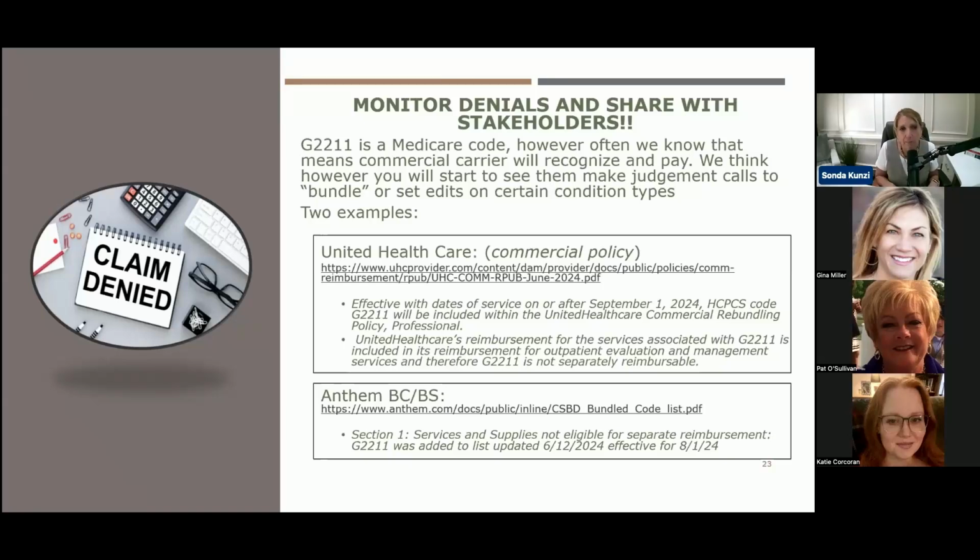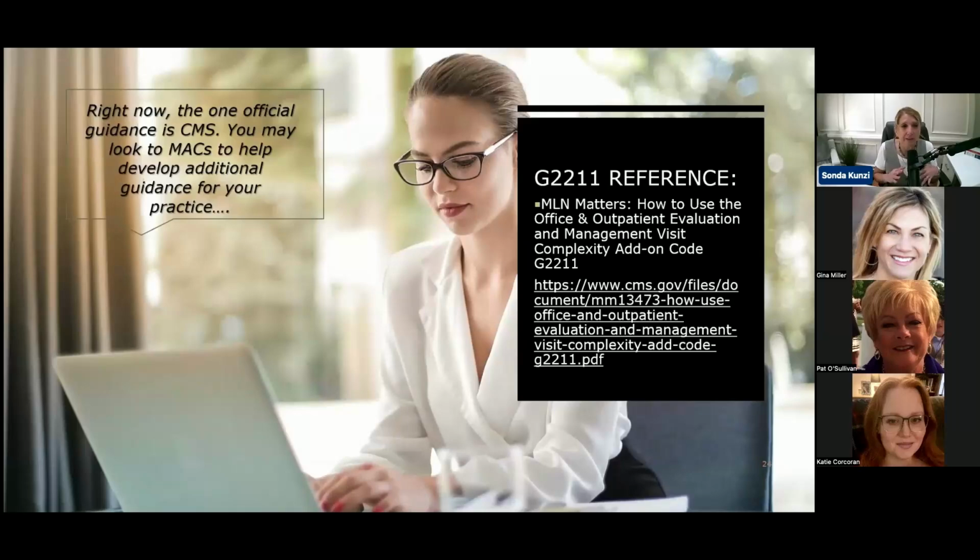All right. With that, this is basically our last slide, and we'll take any questions. So if you have a burning question and you want to pop it in the thing or tag Gina, that's great. The only official guidance you have to go by is CMS, right? That's official. That's the MedLearn Matters. That's the correlation to the link that's on this particular slide on how to use it.